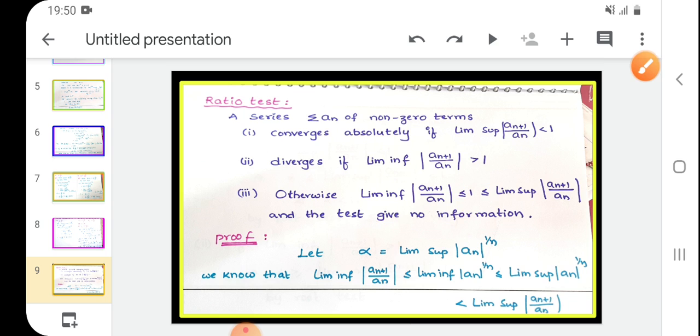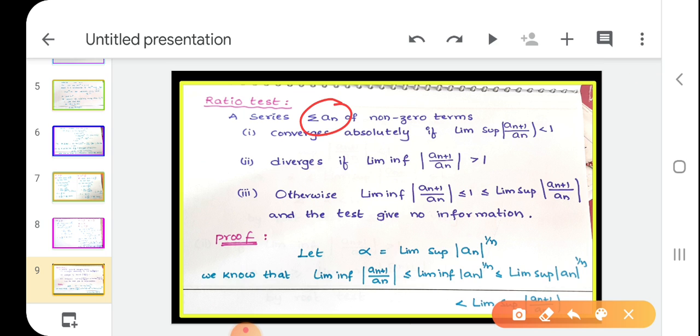The given series is an, but we find the a(n+1) by an value and find its limit. If the limit is less than 1, we say convergent series. If it is greater than 1, we say the given series is divergent. If the limit value is 1, there is no information.